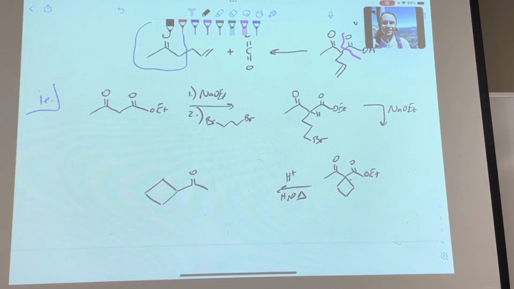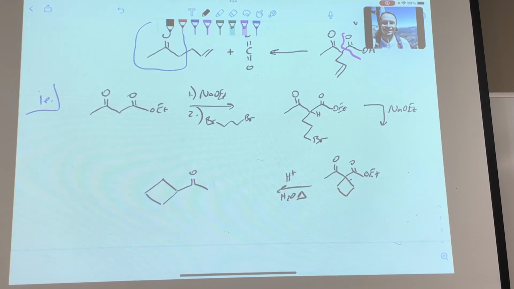And you can make some pretty odd ring sizes this way, which is kind of cool. You can do a 4-membered ring. So it does allow us a good deal of versatility here.